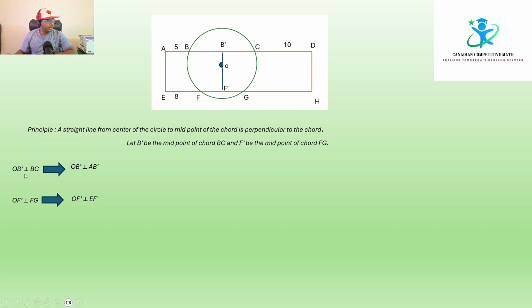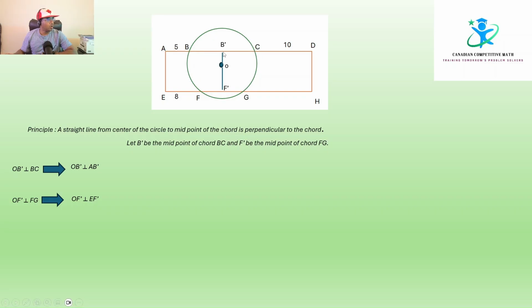OB' is perpendicular to BC means OB' is perpendicular to AB'. AB' and BC are different segments of the same line.